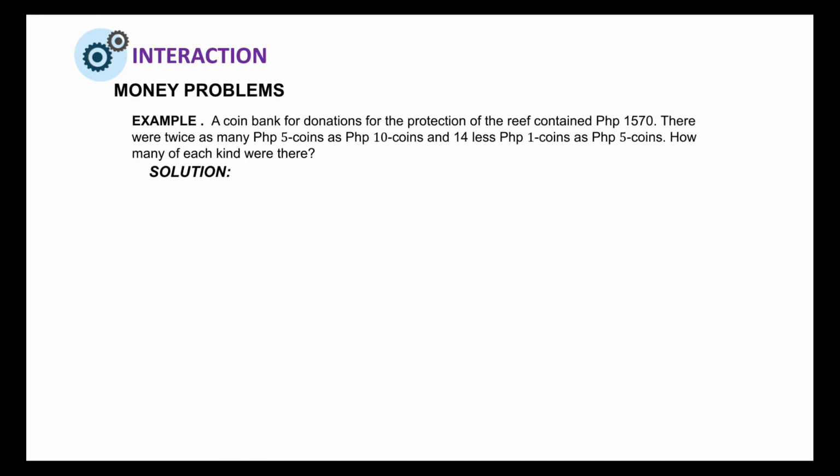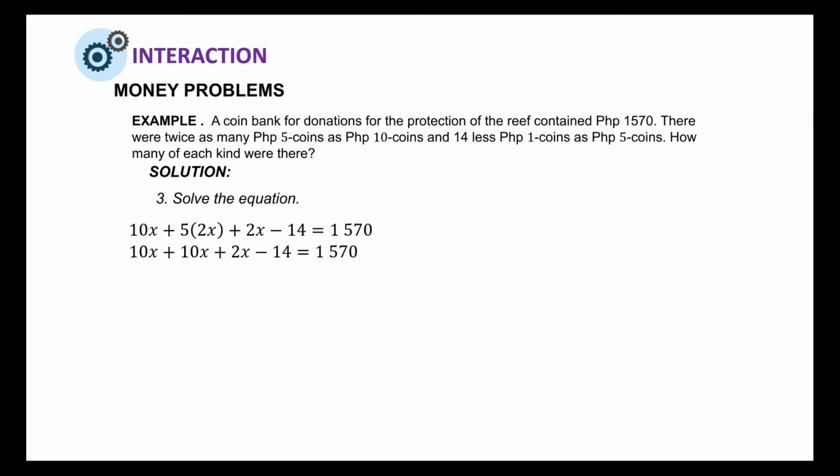Let us now solve the equation. We have 10x plus 5 times 2x plus 2x minus 14 equals 1,570. 5 times 2x here is 10x. So 10x plus 10x plus 2x minus 14 is equal to 1,570.